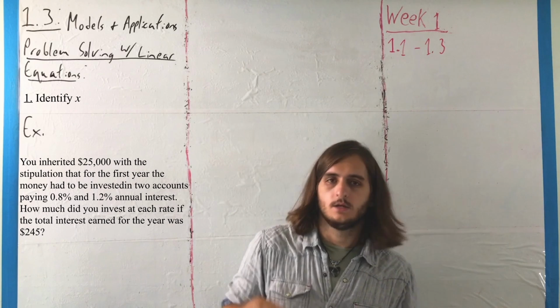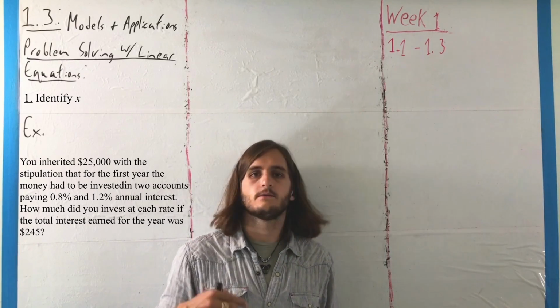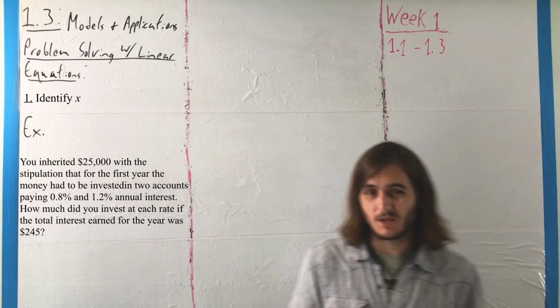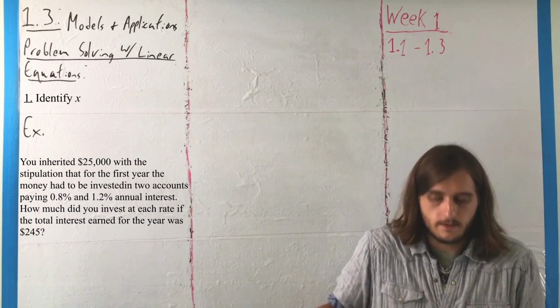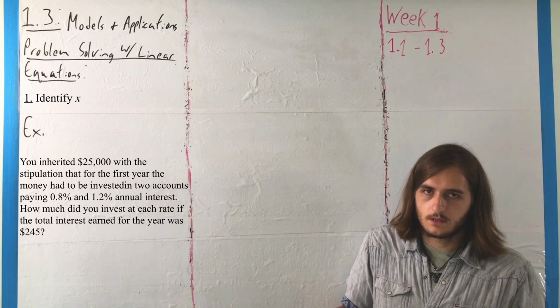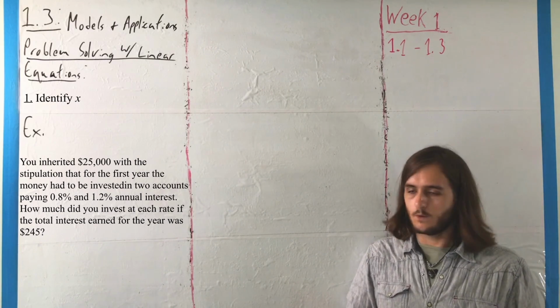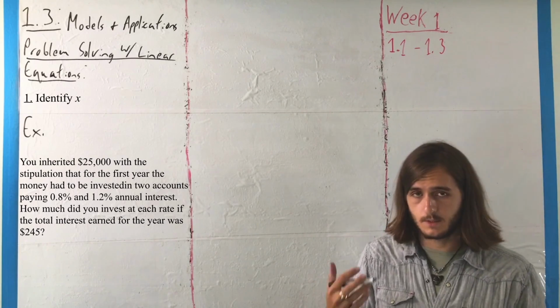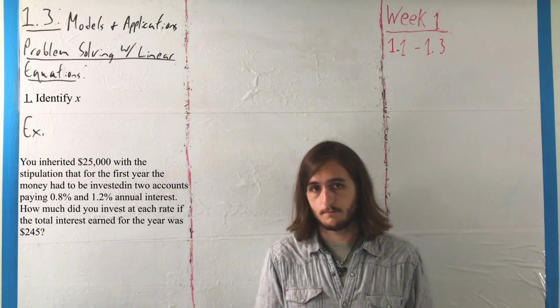So in this case, the only real questions we have are how much got invested into each type of account, and we can make either of them the one for our variable. I'll make x the amount invested at 1.2%, but if I went the other way, there would be a little bit of algebra that would get you to the same place.